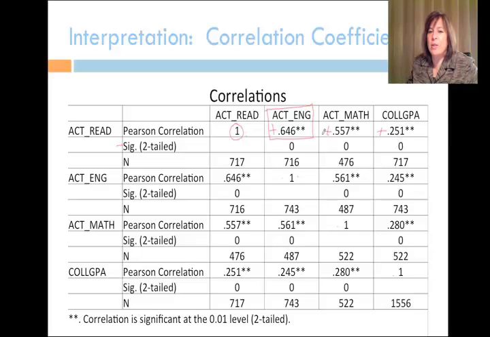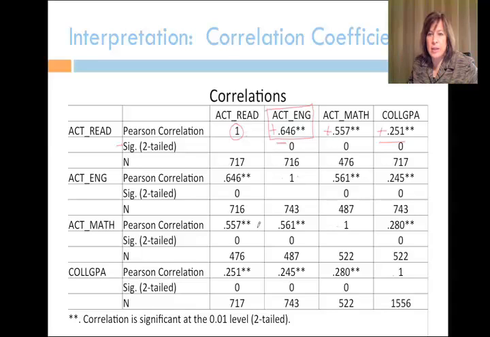Now, out of these three, what has the strongest correlation? It's the highest number, the 0.6. This is the weakest, this is a weak relationship, 0.25. That's how you can interpret the Pearson R, or the correlation coefficient, in an SPSS printout like this.